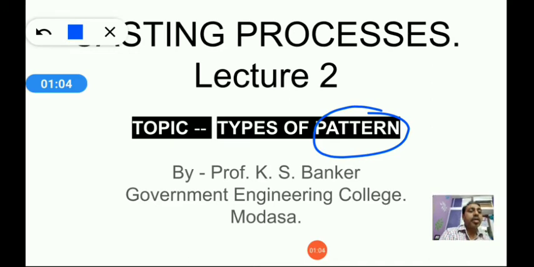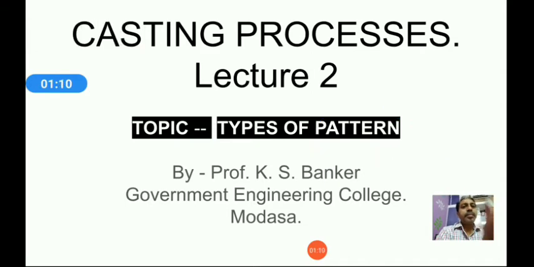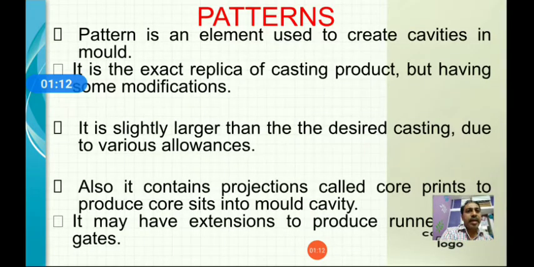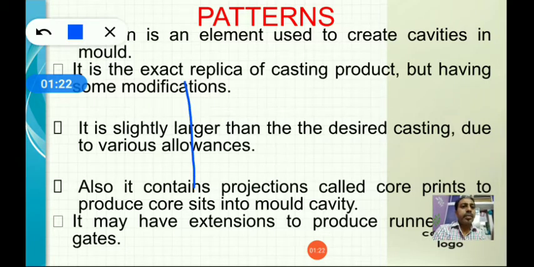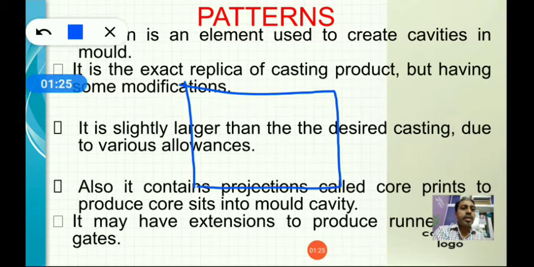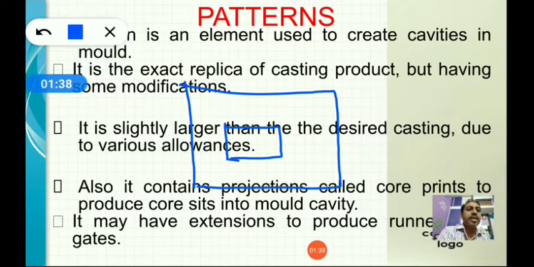A pattern is an element used to create a cavity in a mold. Suppose this is a mold in which we have to create a cavity. How is the cavity created? The cavity is created by using the pattern.